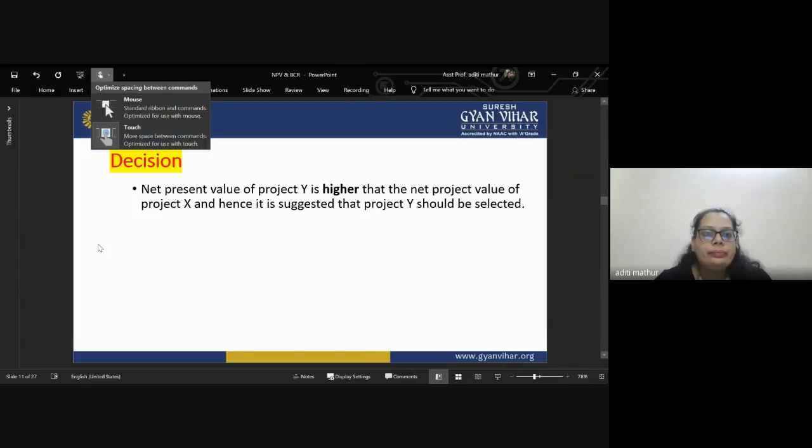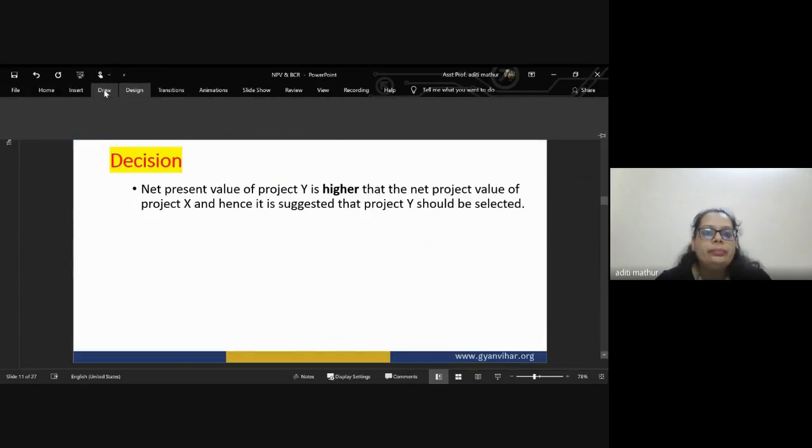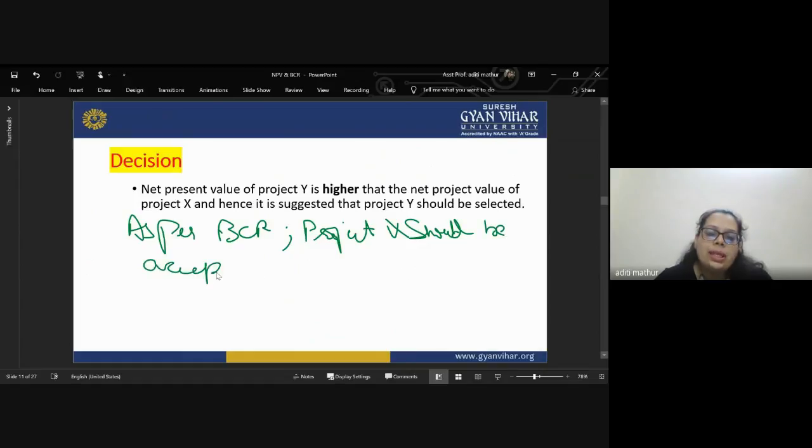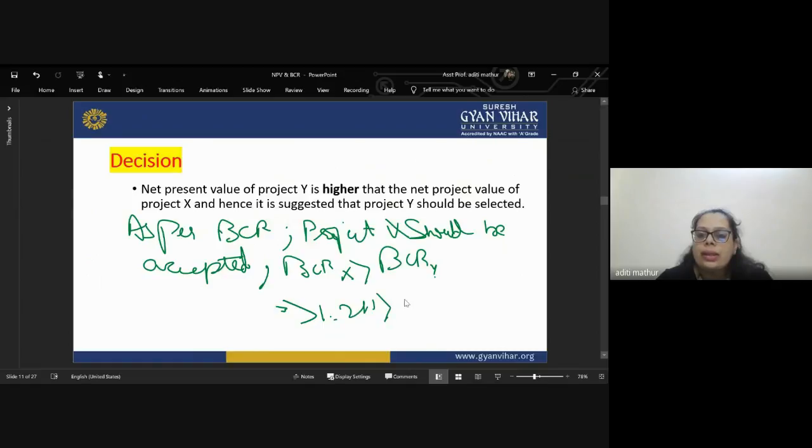As per BCR, project X should be accepted because BCR of X is greater than BCR of Y, which is 1.211 is greater than 1.157, right?